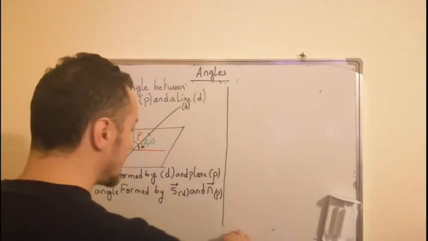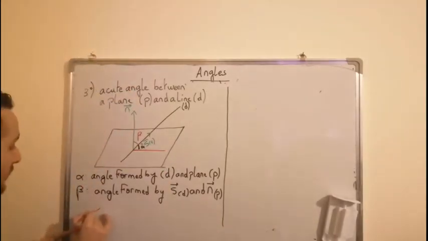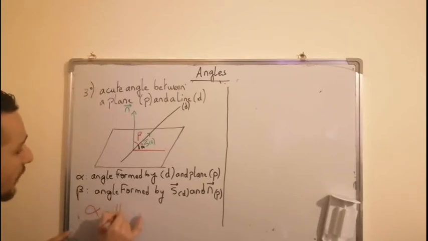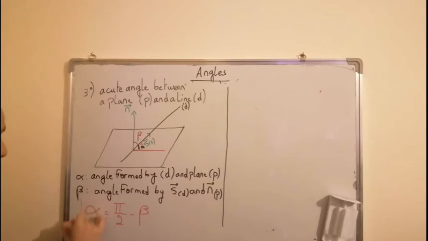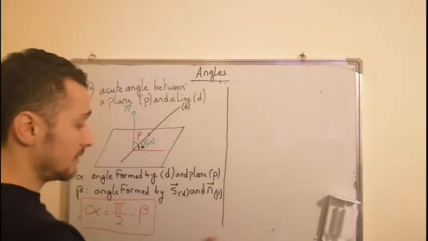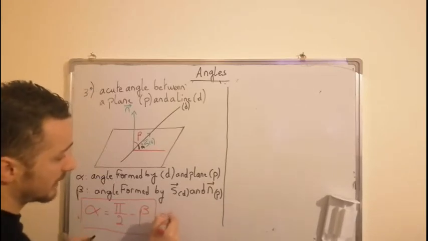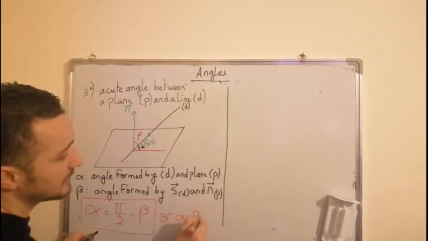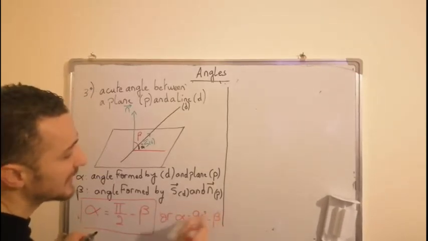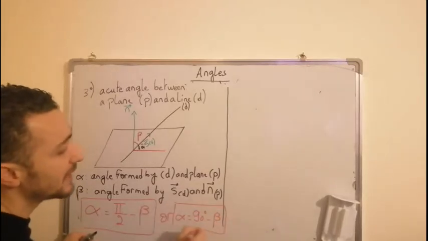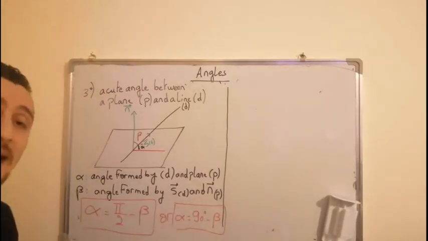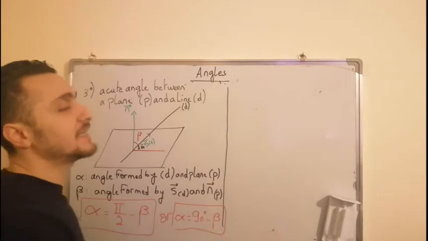So alpha equals pi over 2 minus beta, or alpha equals 90 degrees minus beta, depending on whether we calculated the value of beta in radians or in degrees.